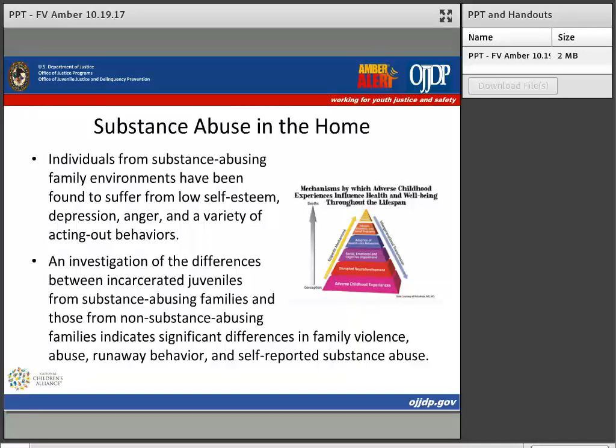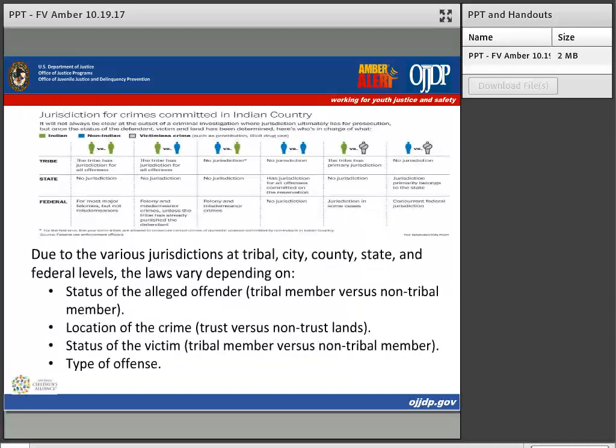And there's a direct correlation between incarcerated juveniles and substance abusing families, which again adds to that impact. Add poverty, isolation, jurisdictional issues, and you have a recipe there for a very difficult situation for the team.